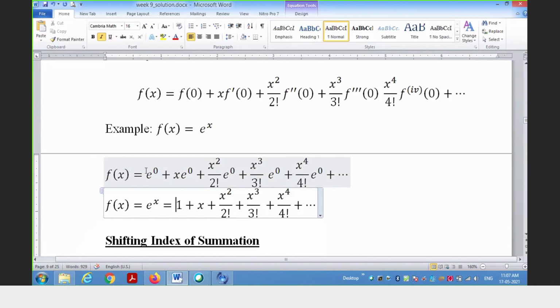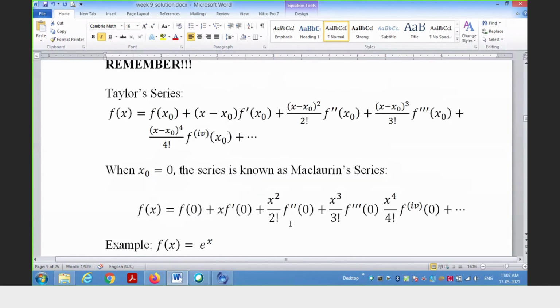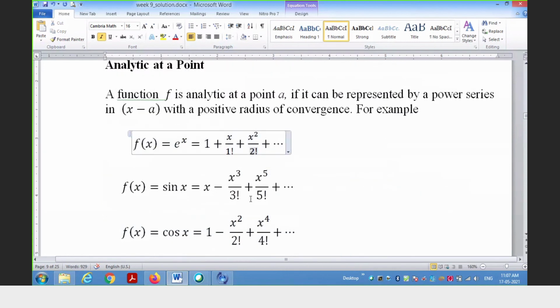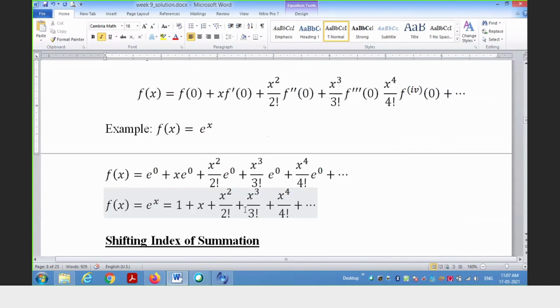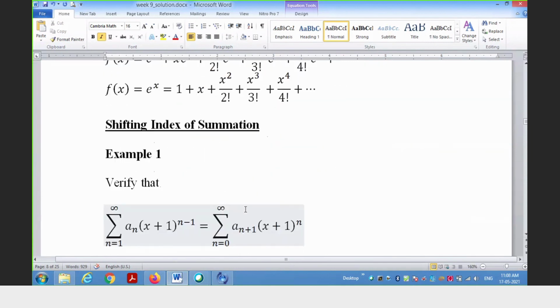You replace x with 0. From here you get 1. From here you get x over 1 factorial. From here you get x squared over 2 factorial. From here you get x cubed over 3 factorial. From here we get x to the 4 over 4 factorial. So we get that series.